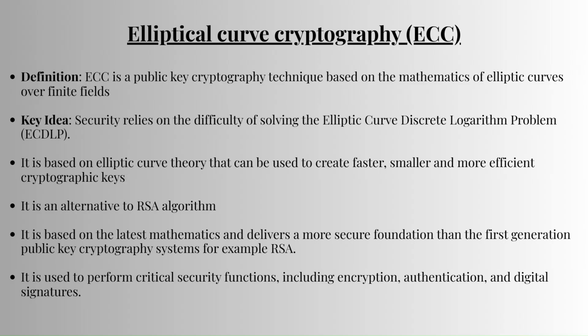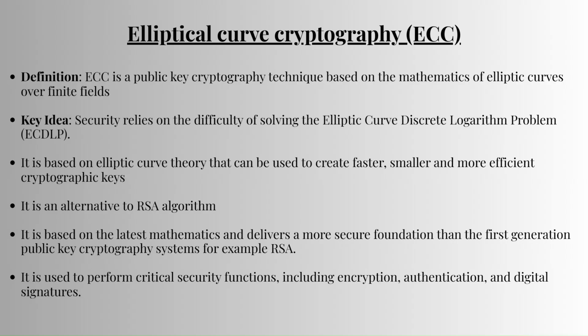So what is elliptic curve cryptography, which is also called ECC? It is a public key cryptography technique based on the mathematics of elliptic curves over a finite field. The main idea is that the security relies on the difficulty of solving the elliptic curve discrete logarithm problem. It is based on an elliptic curve that can be used to create faster, smaller and more efficient cryptographic keys.